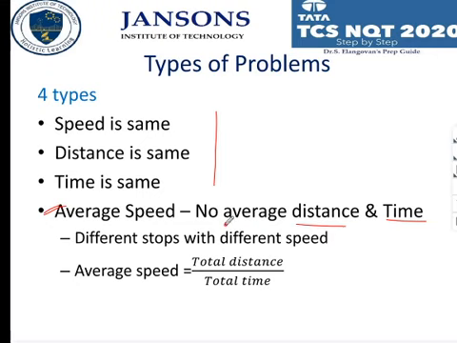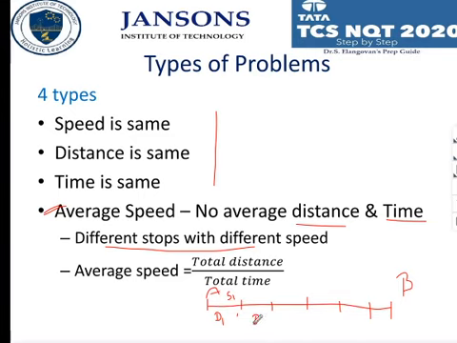As far as average speed is concerned, they will be given different stops with different speeds. A bus or train is traveling from station A to station B, and in between they have different stops. The first distance, let me call it D1, is traveled at speed S1.